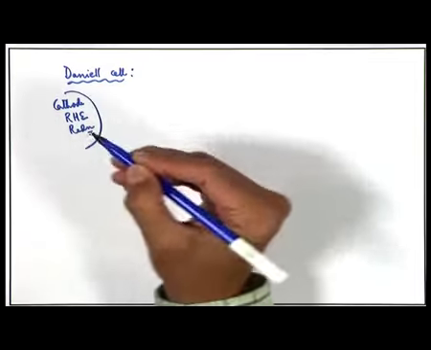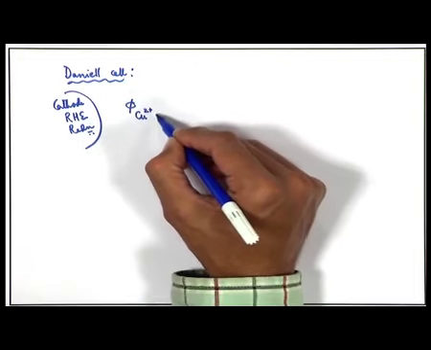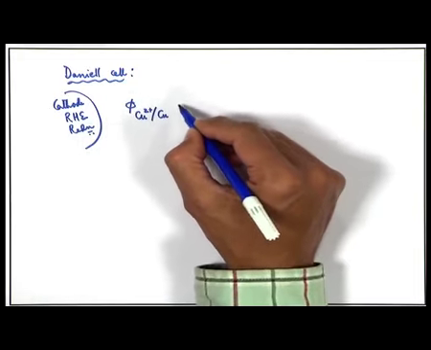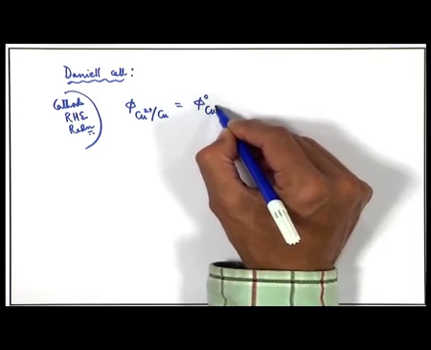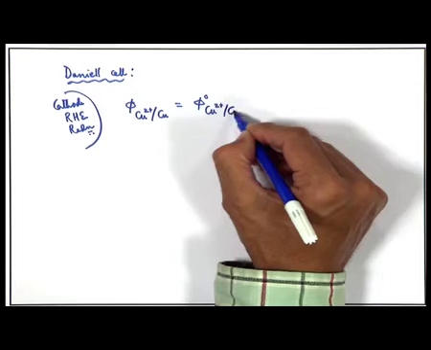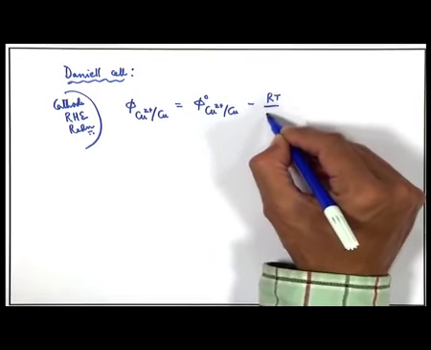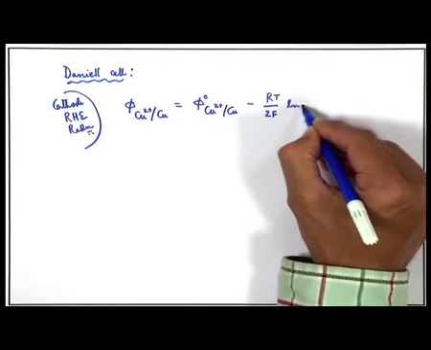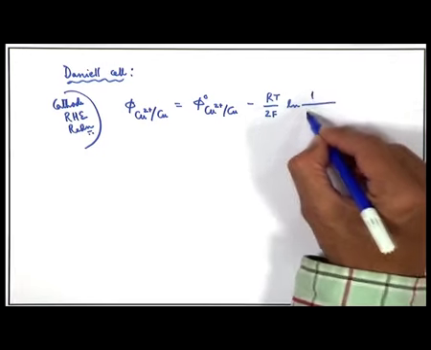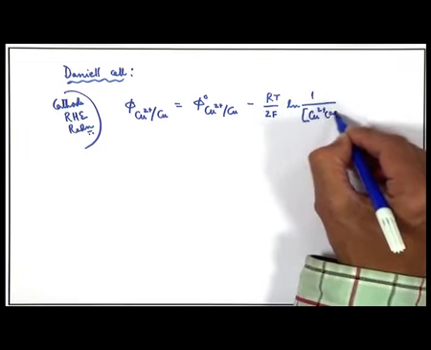So, phi Cu2+|Cu is equal to phi naught Cu2+|Cu minus RT by 2F, because 2 electrons are involved, ln 1 by the concentration of Cu2+ aqueous.